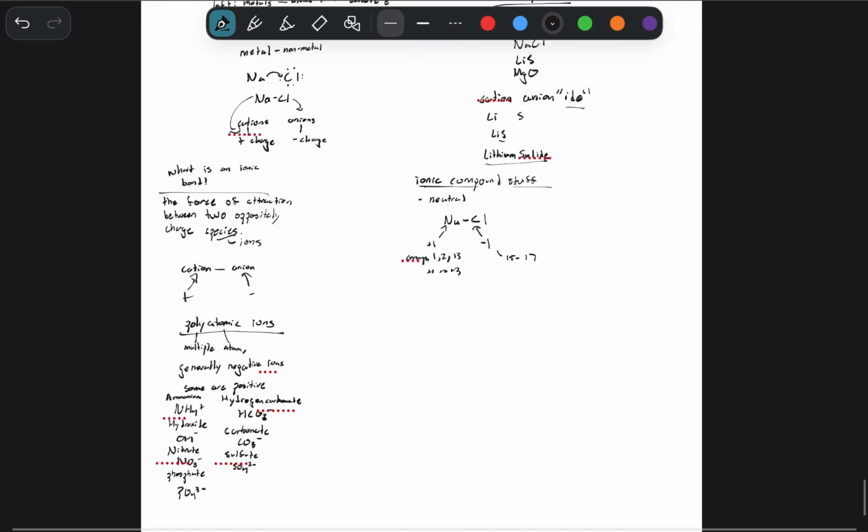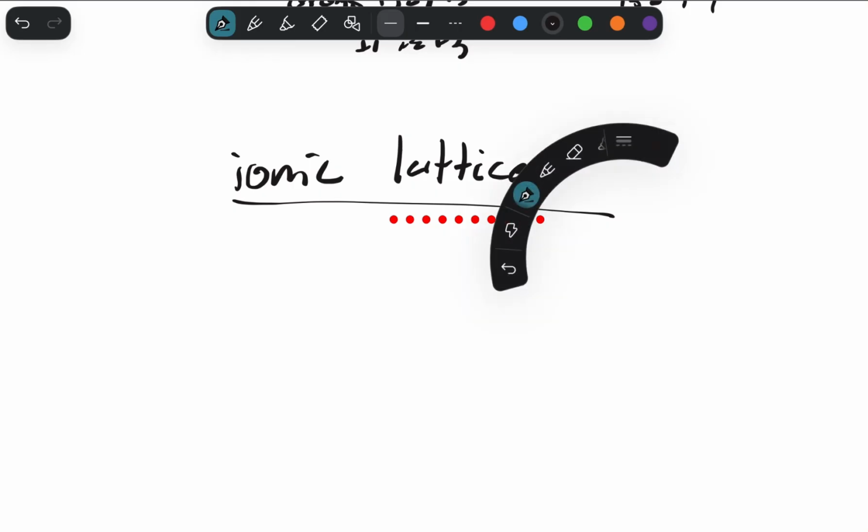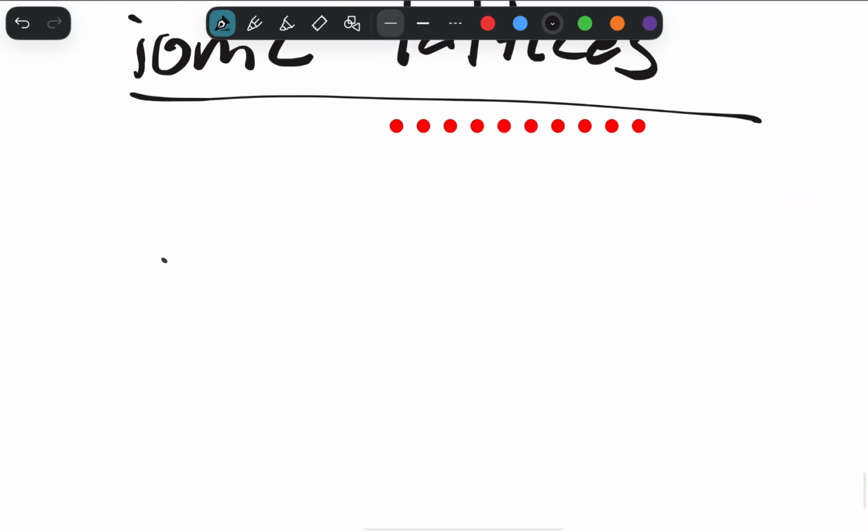Next thing is ionic lattices. Ionic lattices are essentially lattice structures. I think about it as a Rubik's Cube. I'm Asian like that. So let's use different colors, easier to see.